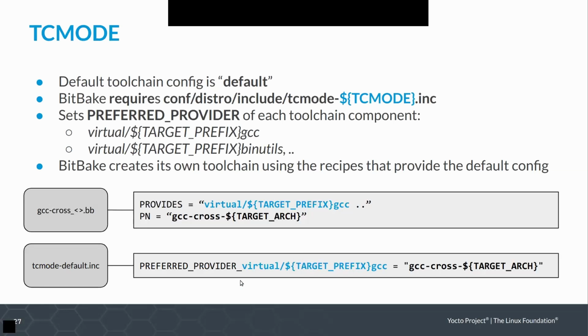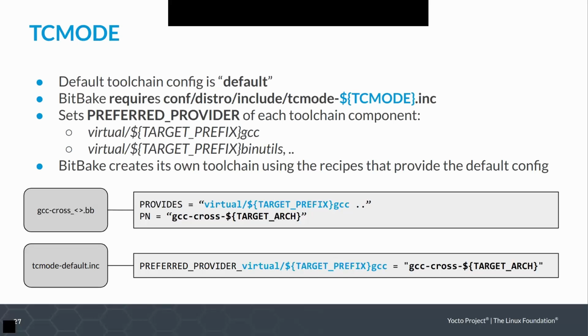So in this way, you have a hello recipe, for example. The hello recipe has the DEPENDS variable set by default to virtual/host-prefix-gcc. And in the default configuration, which is target, the host is the same as target here.